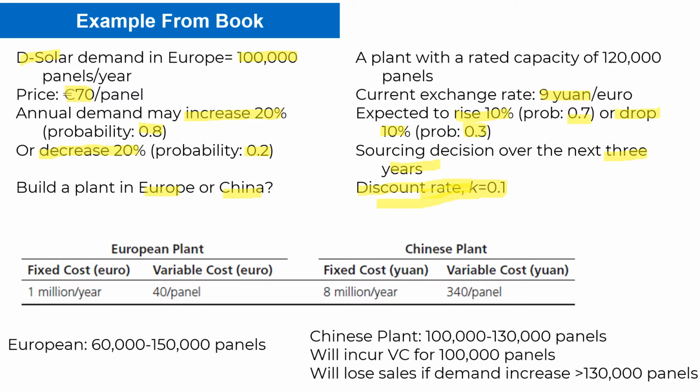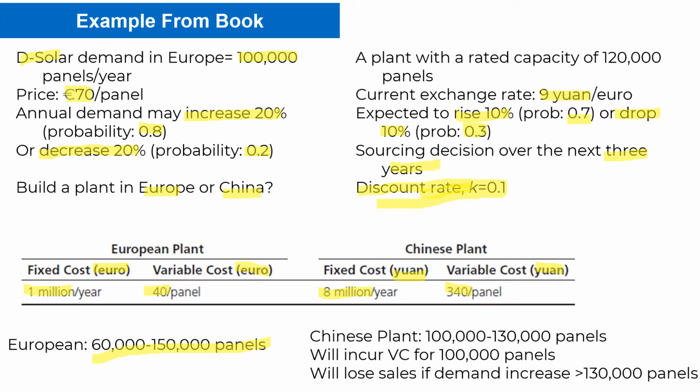And this is the table of the fixed cost and variable cost in each plant. In the European plant, the fixed cost is 1 million per year, and the variable cost is 40 euro per panel. The European plant has a production range of 60,000 to 150,000 panels. And China's plant has a fixed cost of 8 million yuan per year, and the variable cost is 340 yuan per panel.